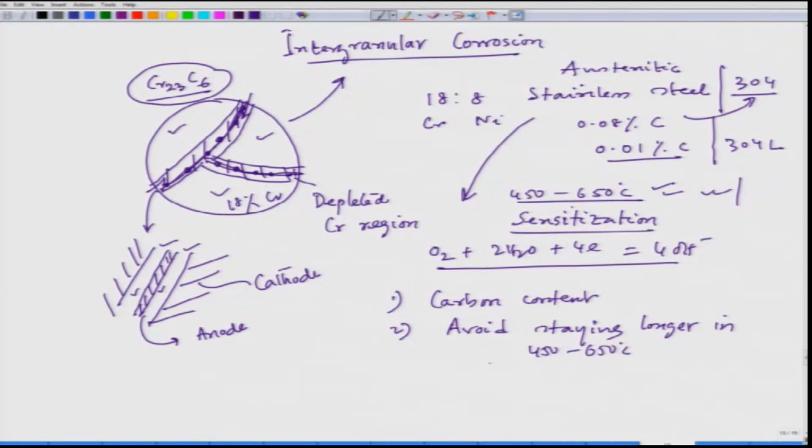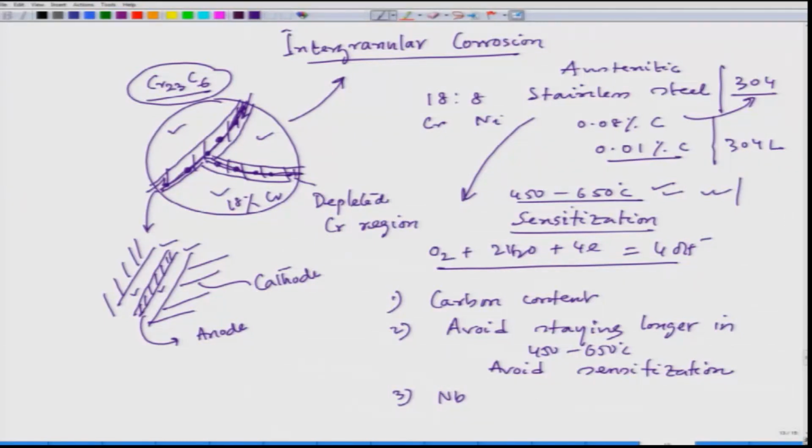Now, let us say we do not want to get rid of carbon, but still we would like to prevent sensitization. How can we do it? If we add niobium to it.